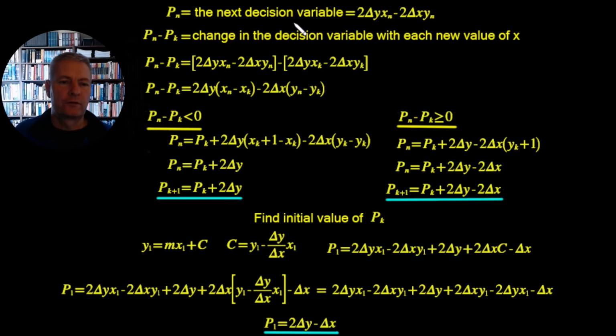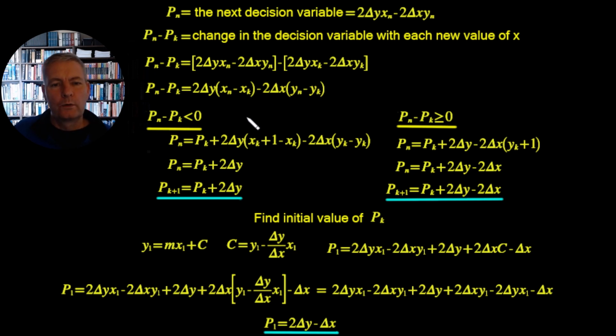Well, we can look at the difference from the previous value to the next value. So we're going to have Pn minus Pk, which is the change in the decision variable for each step over the x coordinate. We can rewrite this as Pn, which is this equation here, minus Pk, our previous decision variable, which is the equation we saw on the last page. We can subtract one from the other, and we get this equation here.